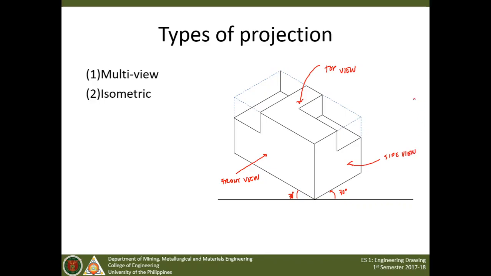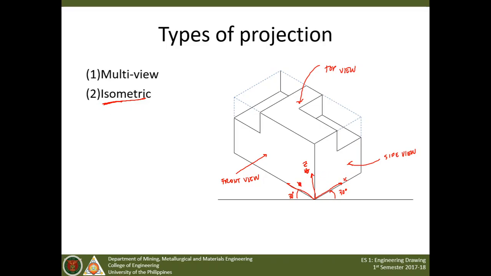Okay, so it's called isometric because in all three axes, so if I say this is my x, this is y, I'm sorry, this is supposed to be x if you follow the right-hand rule.